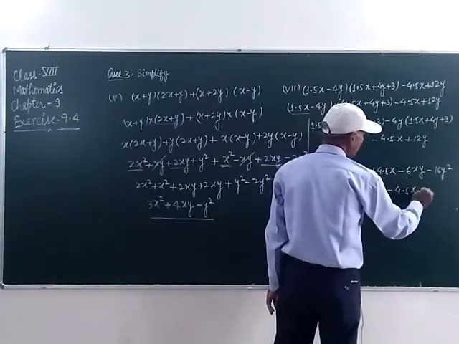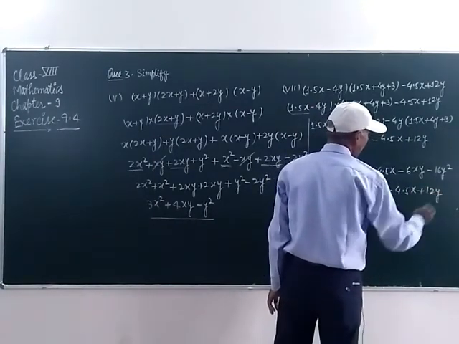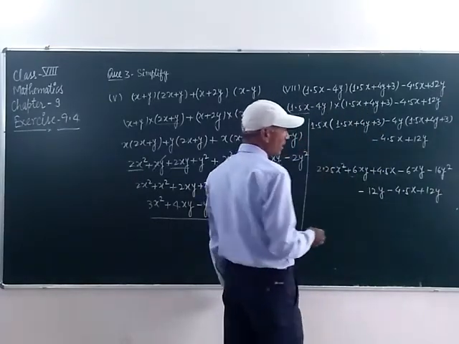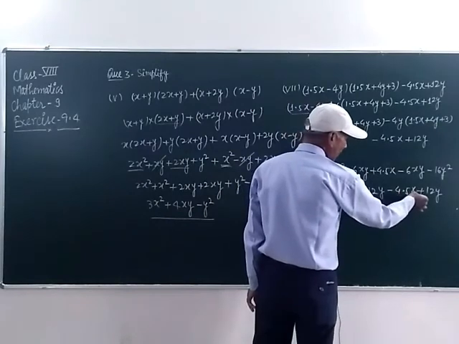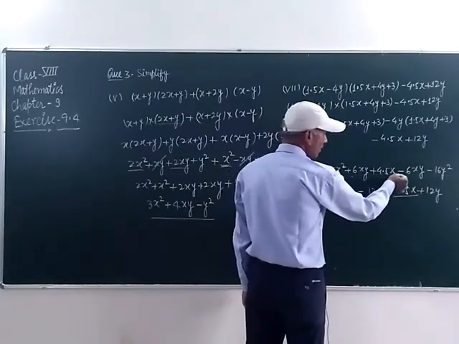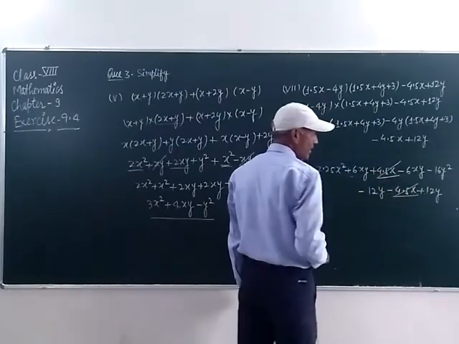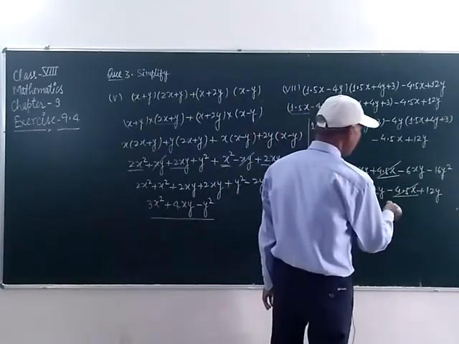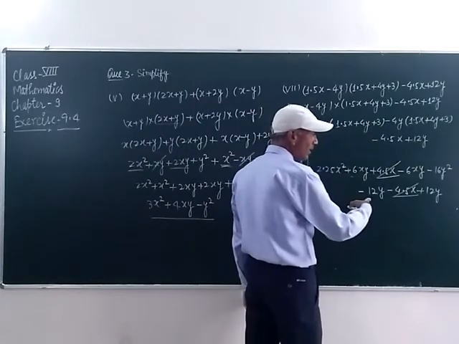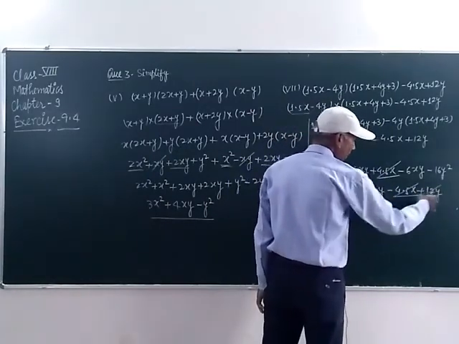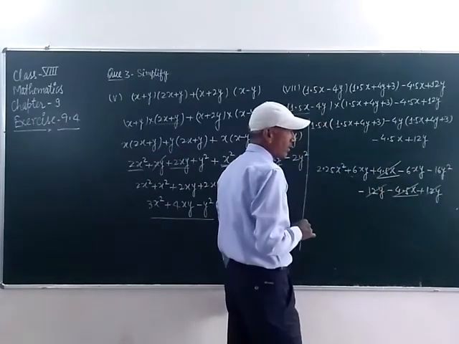And this one minus 4.5x plus 12y. Now, in this whole expression student, this one minus 4.5x and this one plus 4.5x, plus and minus will be cancelled. Again, this one 12y and this one minus 12y and plus 12y, it will be cancelled.